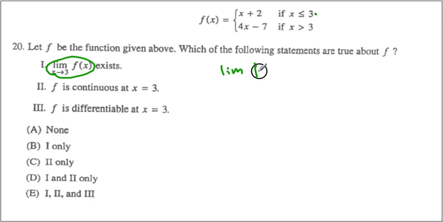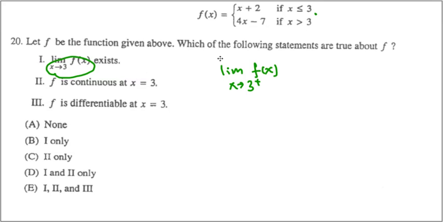So to see this, what's going to be happening is this. The limit of f of x as x approaches 3 from the right has to be equal to the limit of the function as x approaches 3 from the left. For the first one, we have 3 plus 2.